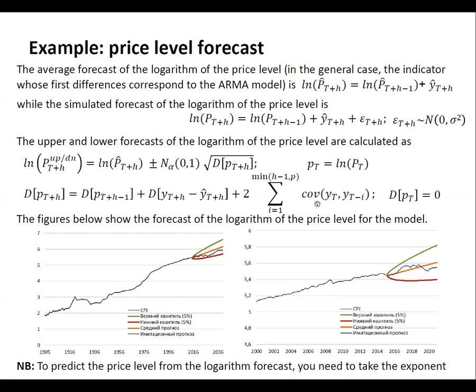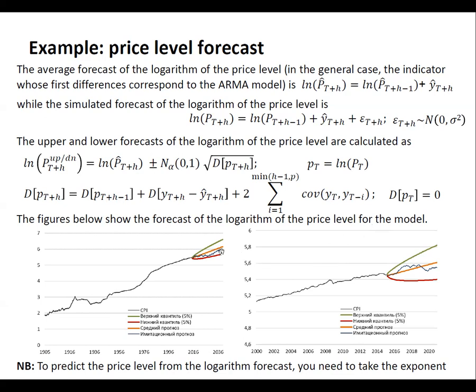In this case, the initial variance of the logarithm of the price level, that is p small with index t, equals 0 because we know the last historical values. This formula is derived from applying the variance operator to the sum of the first difference and the previous initial series.